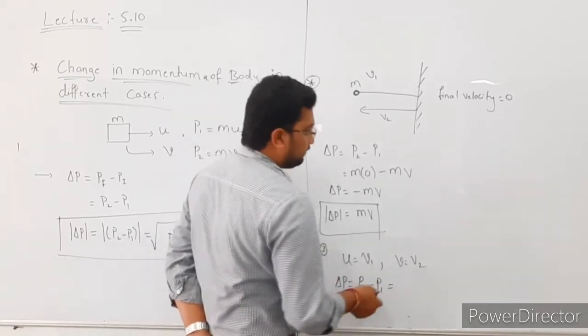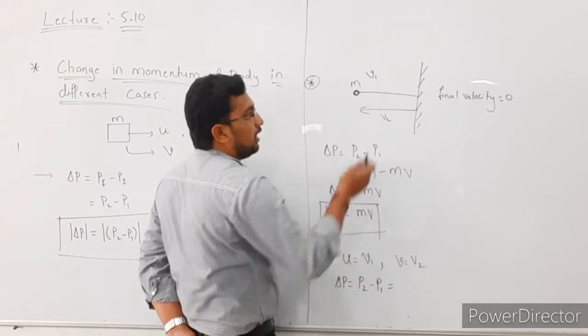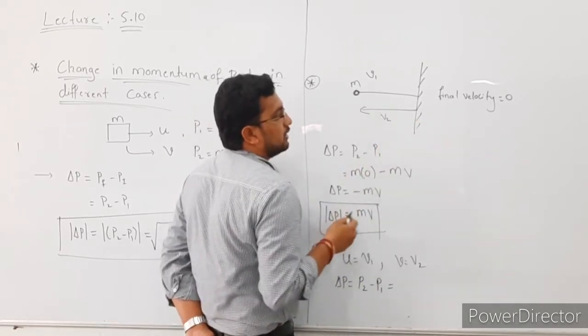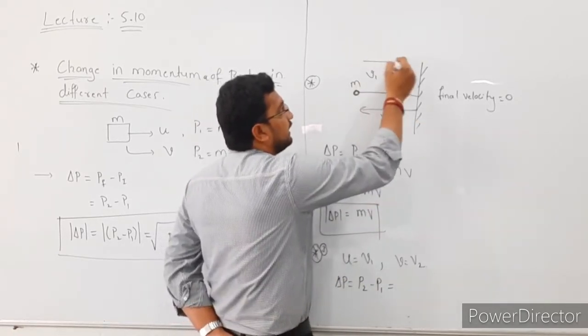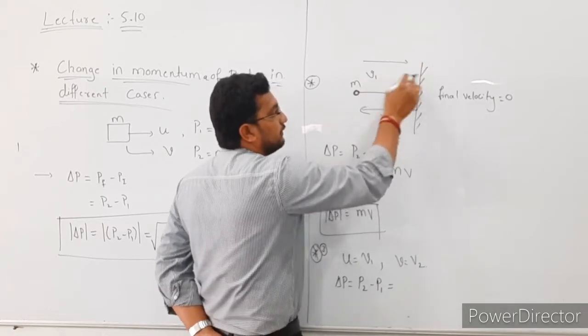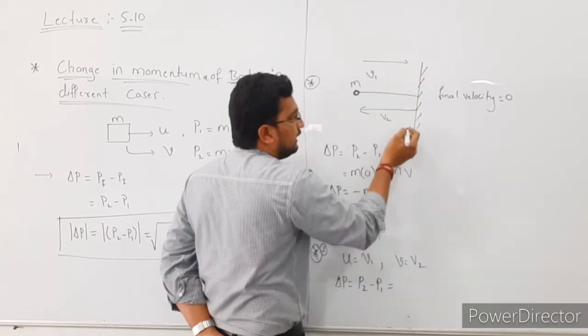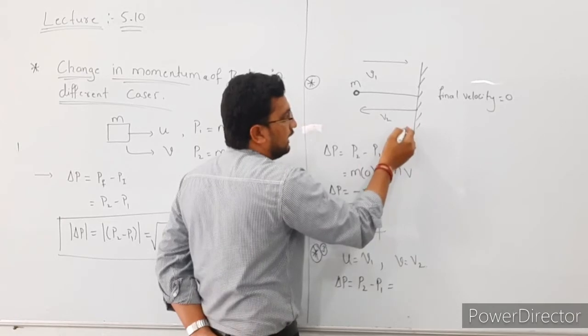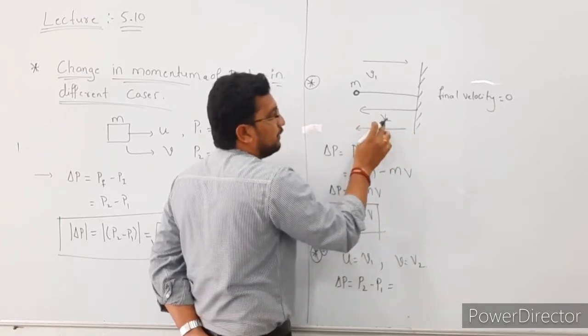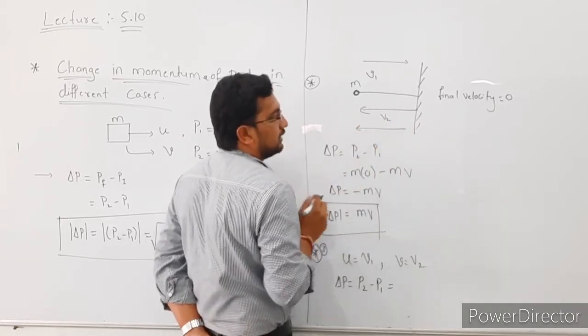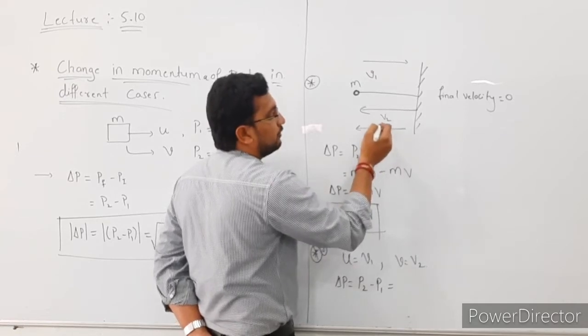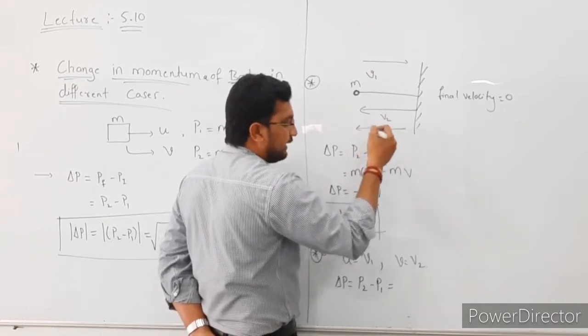Here p2 means the momentum of the ball after collision. This body is moving in this direction, so its velocity is considered positive. But after collision, that body is moving with the speed of v2 in this direction, so the velocity of this body becomes minus v2.